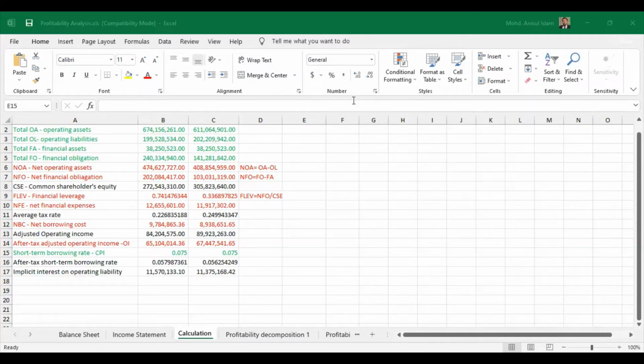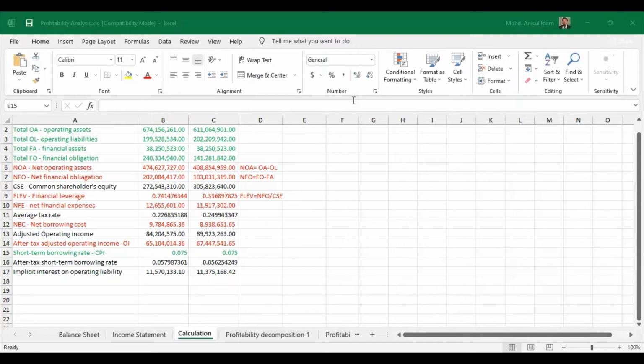Okay, but no company will tell you what is the cost of this kind of implicit interest rate, or what kind of cost they incur for purchasing goods on credit. So what can we do?